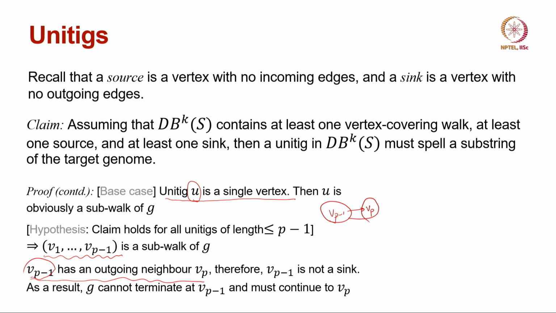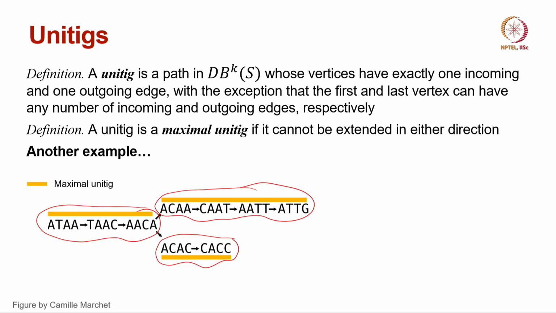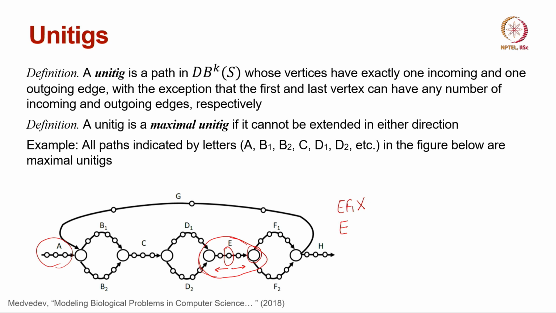Therefore, what we can do as an algorithm is simply output all the maximal unitigs from the De Bruijn graph, which requires a simple linear time traversal of the graph, and you can easily output all the strings spelled by the maximal unitigs.